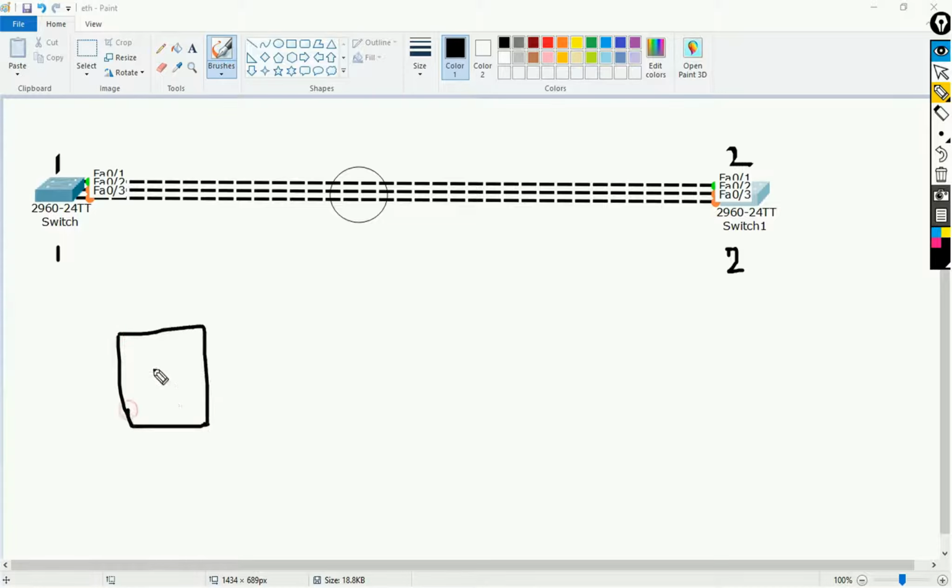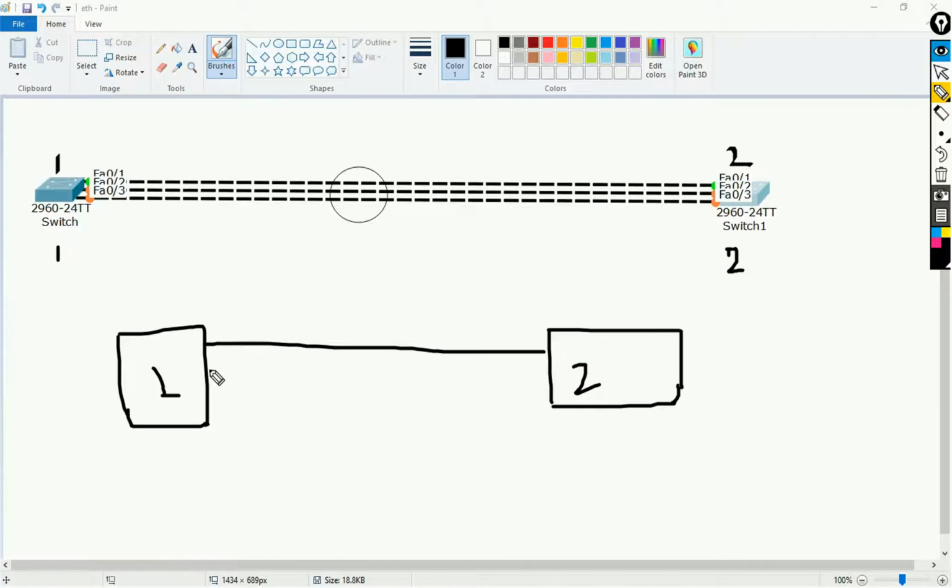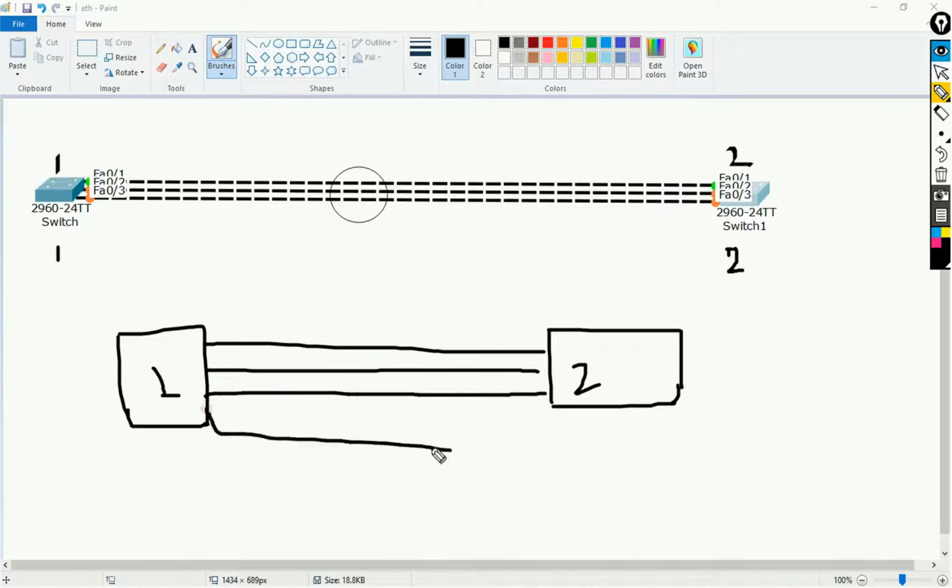Suppose this is switch 1 and this is switch 2, and I have connected 4 links. STP says that it will allow only one link to function and the other 3 will not function.